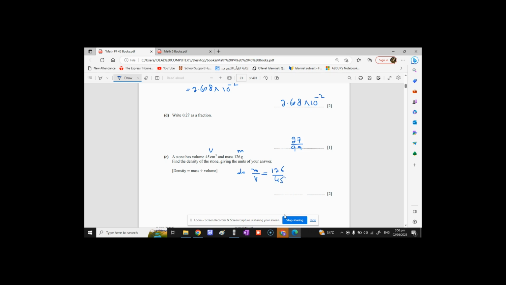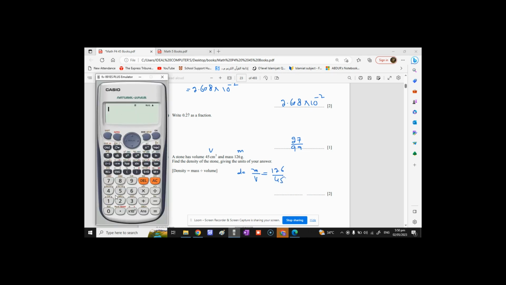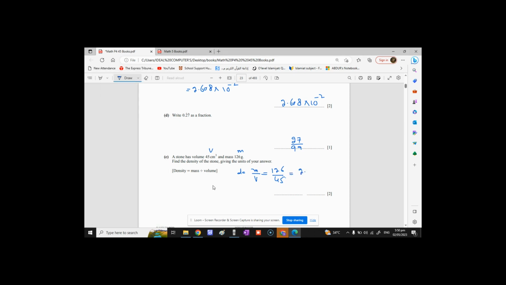So I'll just divide 126 by 45. 126 divided by 45 is 2.8. So 2.8 is the answer. For the density, the unit is grams per centimeter cube.